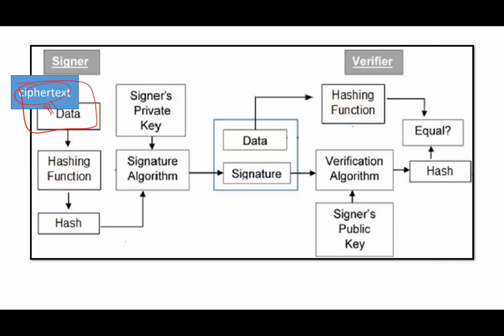First thing I do, I take that ciphertext and I feed it into a hashing function. Remember, what did the hashing function accomplish? It used a mathematical algorithm that converted this binary file into a fixed size hash.